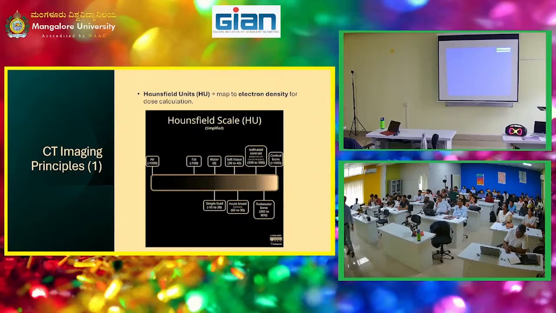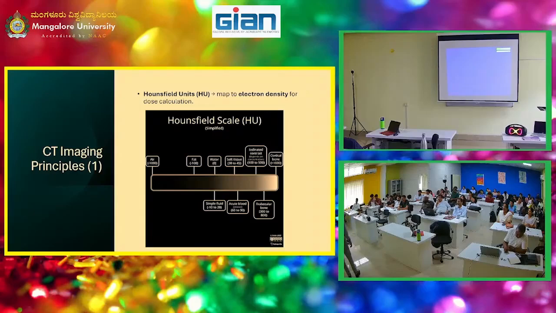Now, what do we do here? What's a Hounsfield unit? Basically what the unit is doing is creating this interesting link between your CT and your planning. A Hounsfield unit, you can see here, is when you give it an actual number. It's arbitrary, right? We assign it.